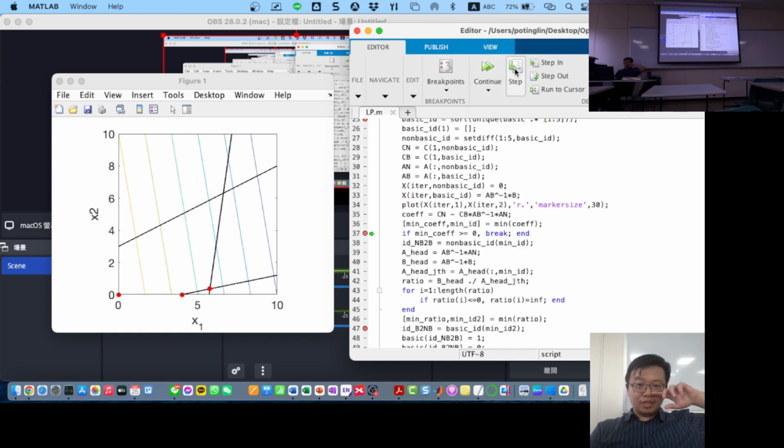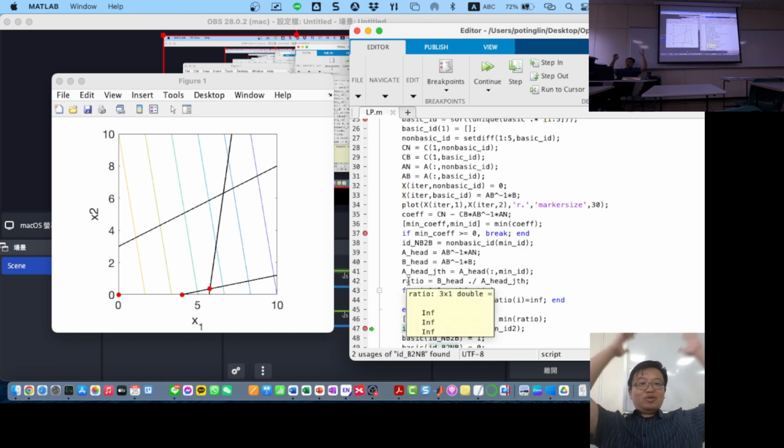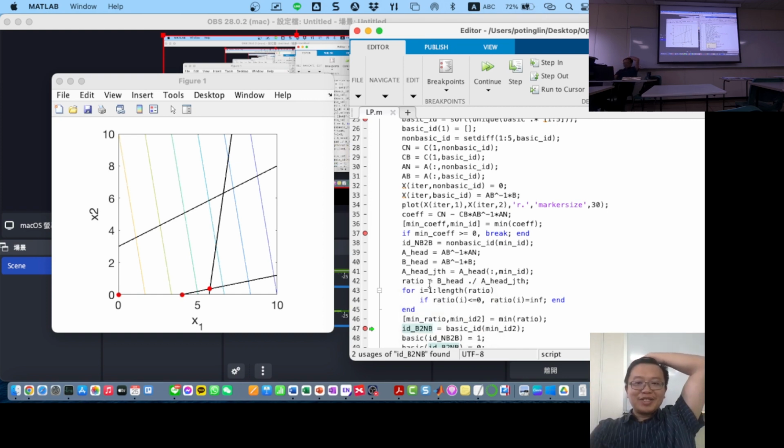And continue. So the ratio test, oh, everything explodes. Yes. Why is that? So the problem was not designed well. What happened? A hat, B hat.